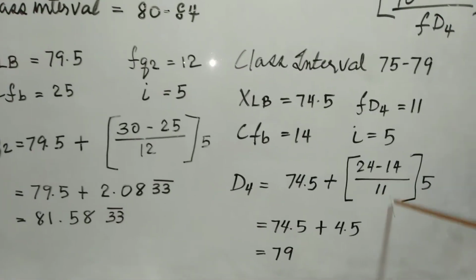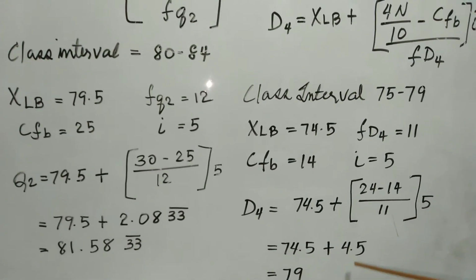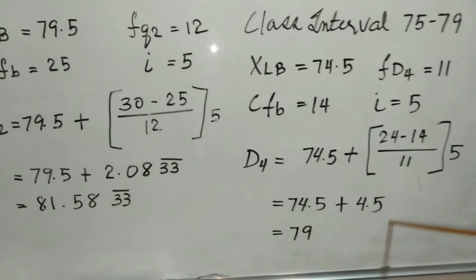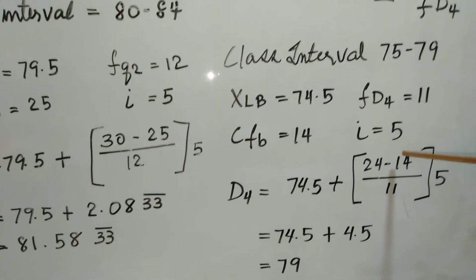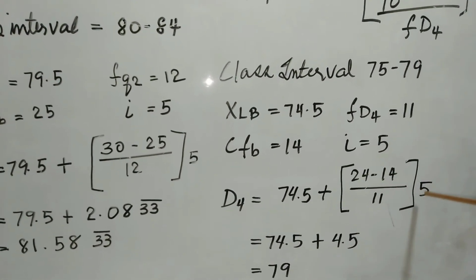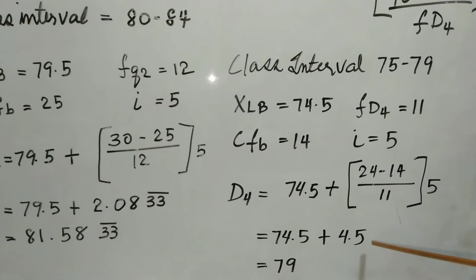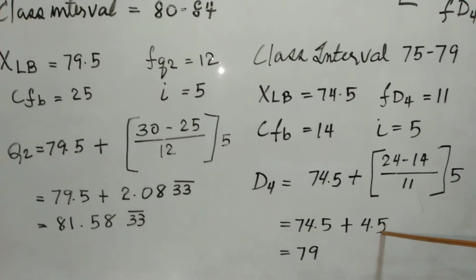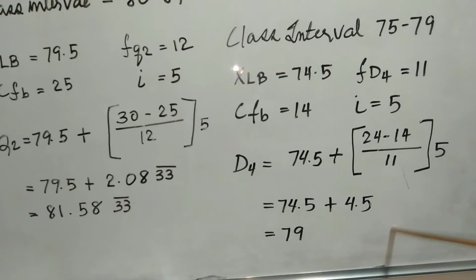So this is 10 times 5 is 50 over 11, which is 4.5. Plus 74.5, we are going to get 79.